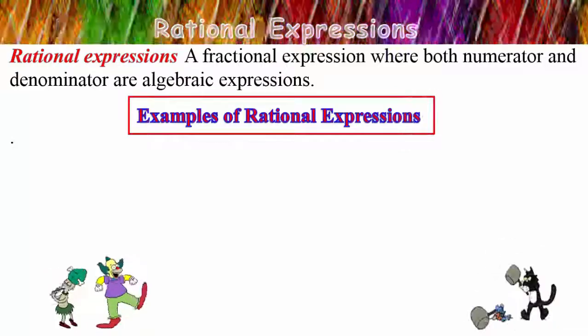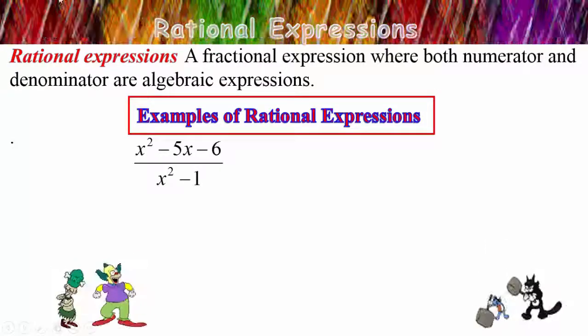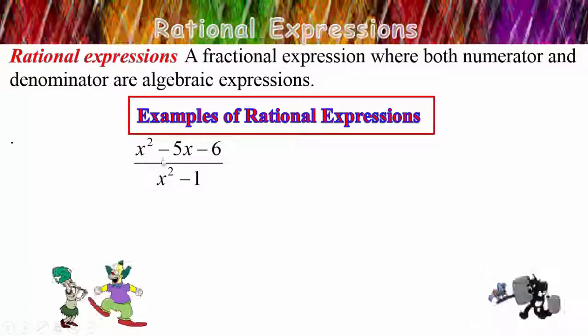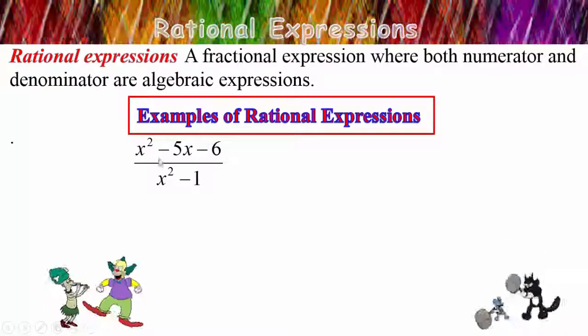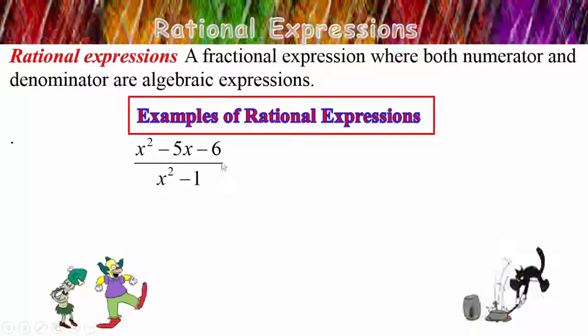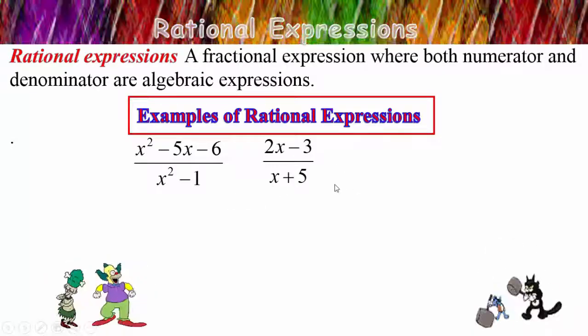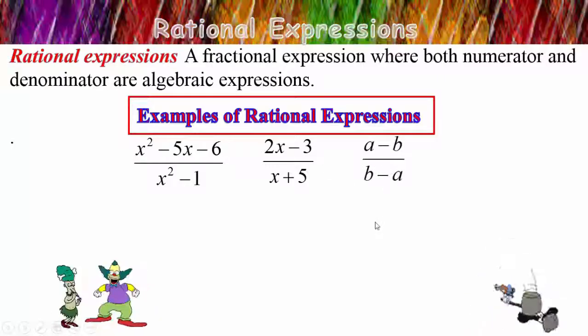Well, a rational expression is an expression of a form that's kind of like a fraction, where you have something in a numerator and something in a denominator, whether it be polynomials over polynomials, or binomials over binomials, or just letters.